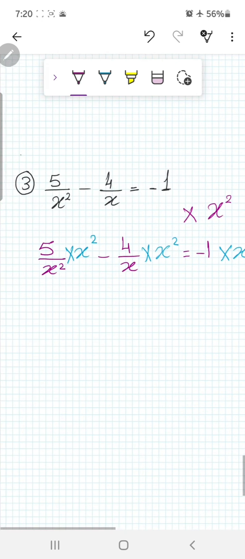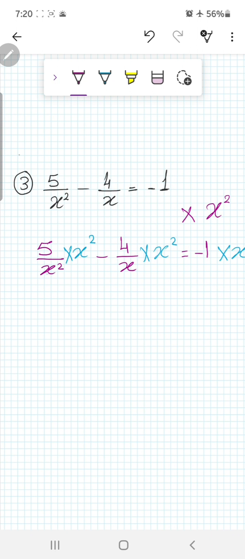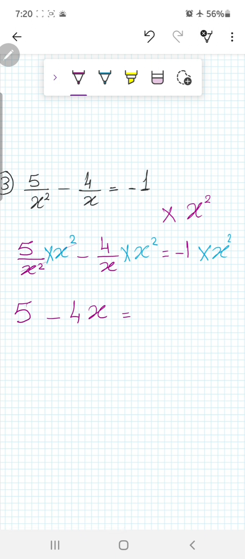Okay, 5 over x power 2 times x power 2, it will be cancelled together, so will be 5 minus 4x power 2 over x. In the same base divided, we subtract the power, so 2 minus 1, it will be x. So x power 1 equals negative 1 times x power 2, it will be negative x power 2.